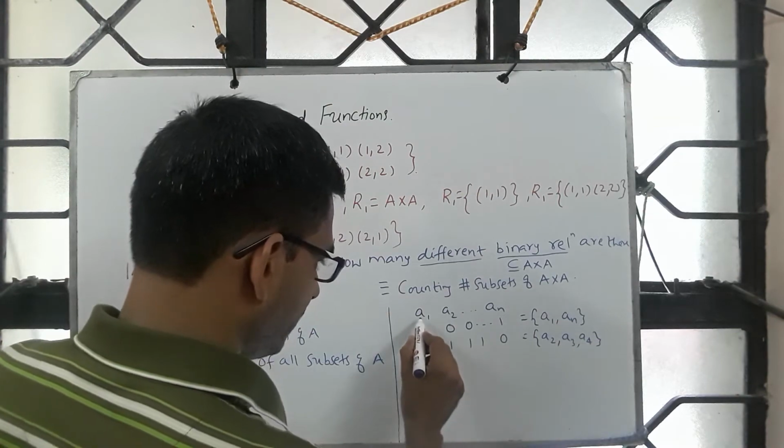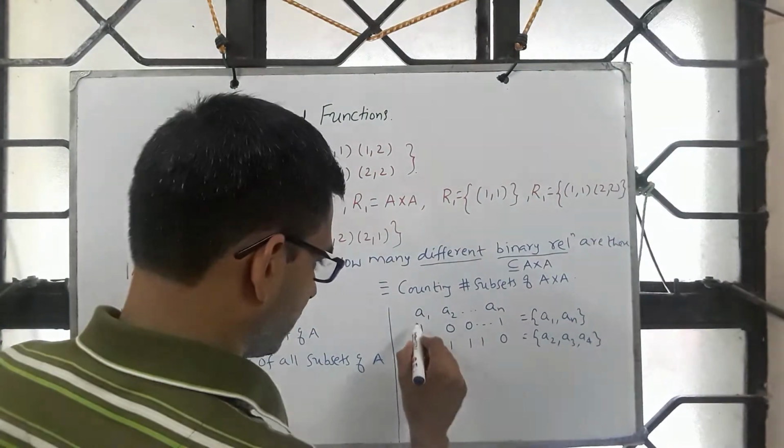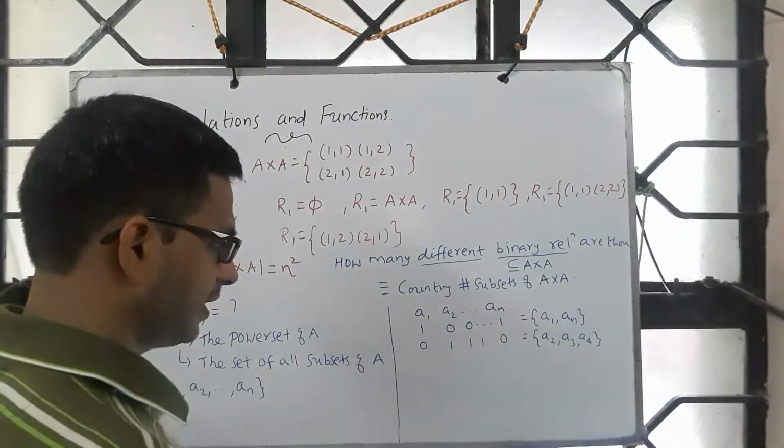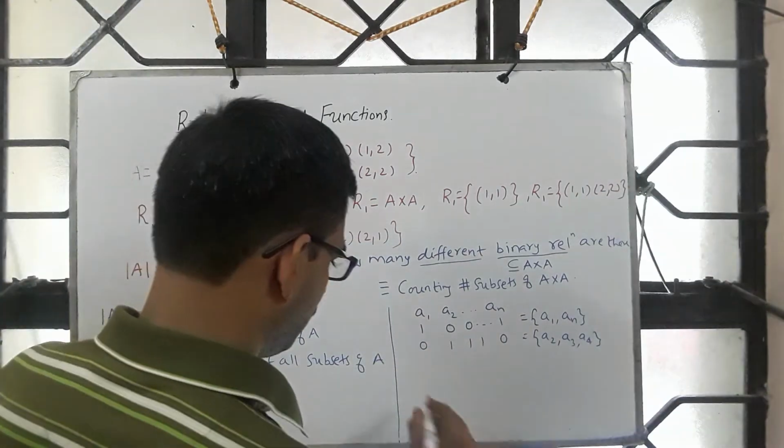Each element has got two possibilities, either 1 or 0.